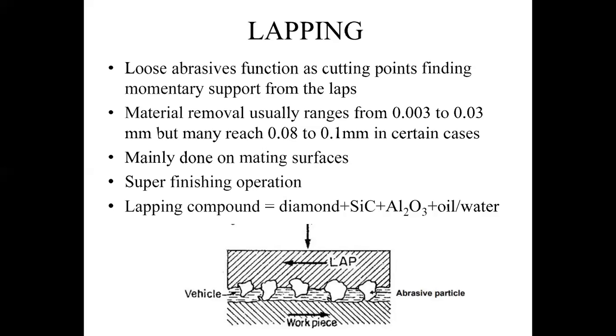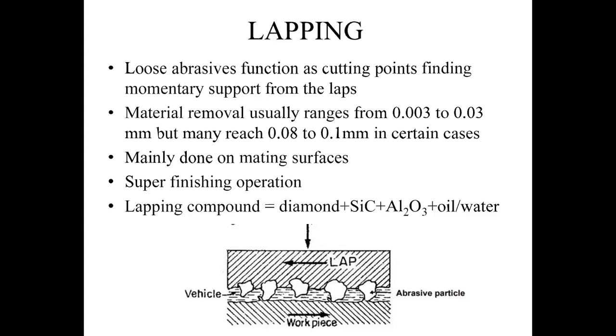But in lapping, we are not bonding the abrasive particles with any bonding agent, and we are not making them into a wheel. We directly use the sharp abrasive particles, sprinkling this loose abrasive on the surface and using a lapping tool.